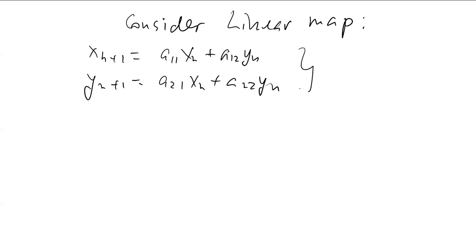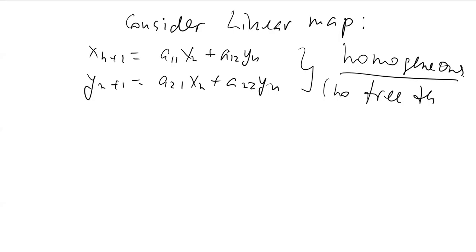So this is also homogeneous. Homogeneous means we have no free terms. If there were free terms, we could get rid of them by changing variables. I don't want to discuss it now, but you can play with this.